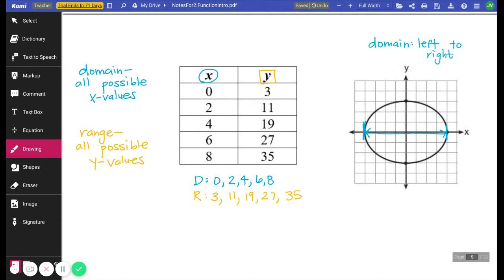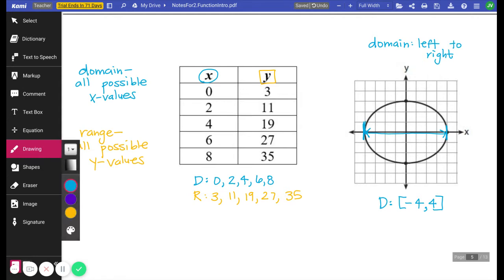And with this, I'm going to introduce you to some cool notation called interval notation. An interval notation uses brackets or parentheses, most of the time brackets. The farthest left this graph goes is -4. The farthest right this graph goes is +4. So that symbolism tells me that my graph goes left to right, -4 to +4 for the domain.